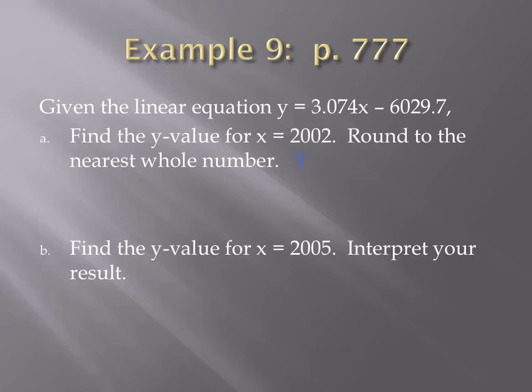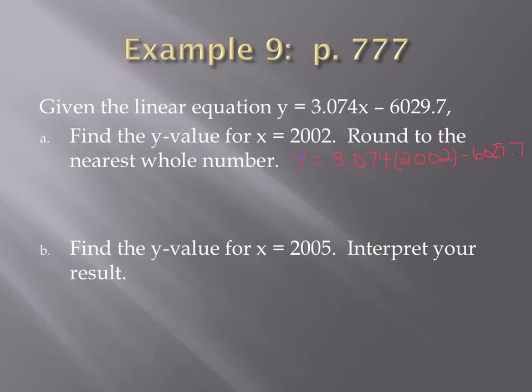So y equals 3.074 times 2002 minus 6029.7.